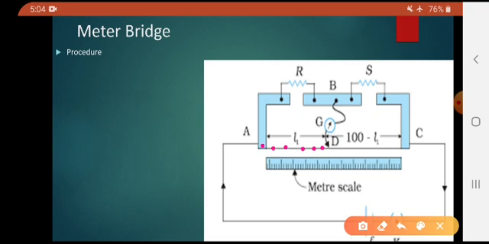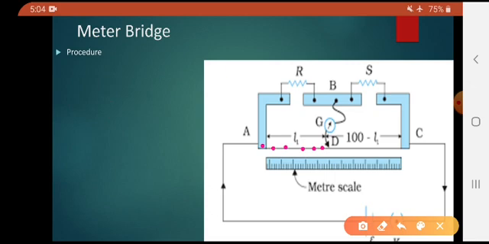When it approaches 0, you have to remove the high resistance which is connected between the jockey and galvanometer. This high resistance is used to protect the galvanometer. The galvanometer is a sensitive device which measures current. If more current passes through, the galvanometer gets damaged. That's why we are using high resistance.